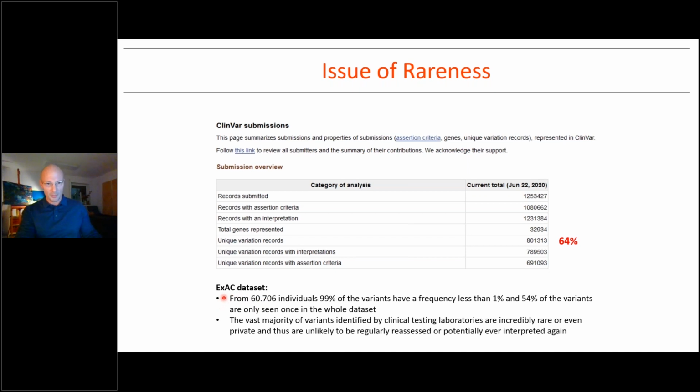Unfortunately, I don't have the numbers from gnomAD, but from the ExAC data set, 99% of the variants have a frequency of less than 1%, and more than half of the variants are only seen once in the whole data set. So this shows you that most of the variants we find in a diagnostic setting are incredibly rare, and there's a large chance that you never see this variant again. And this is a real challenge in variant interpretation.